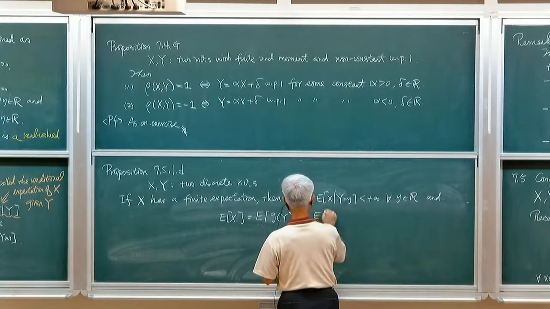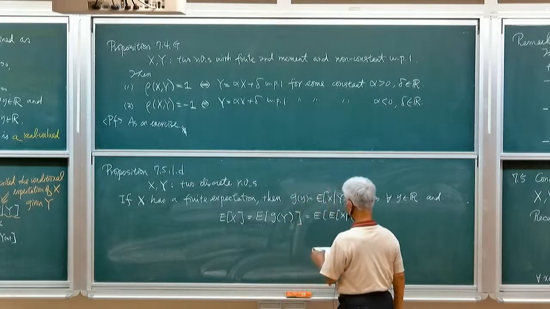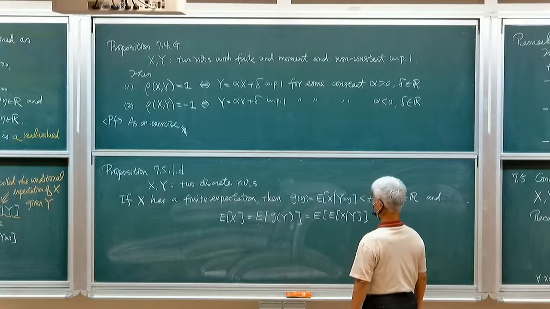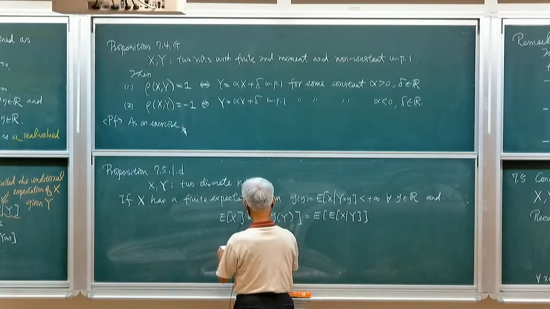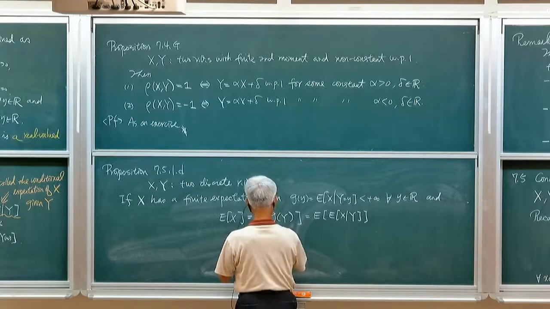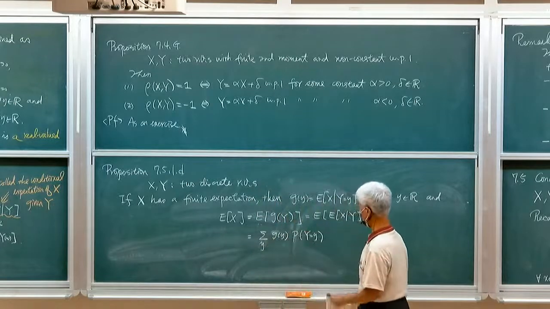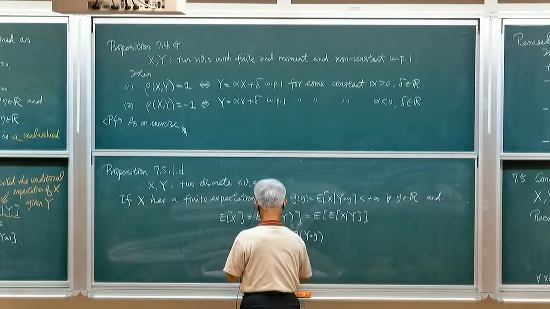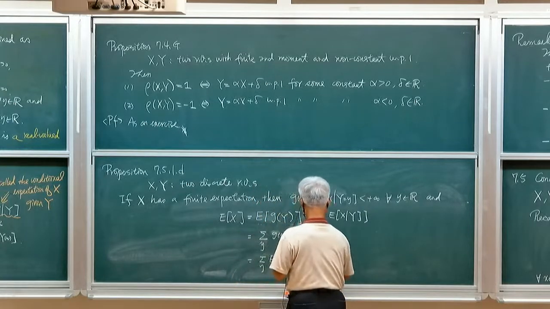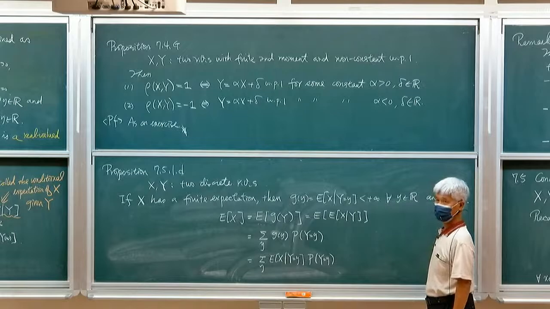And by our notation, this is the sum over y of g of y times the probability of Y equal to y.